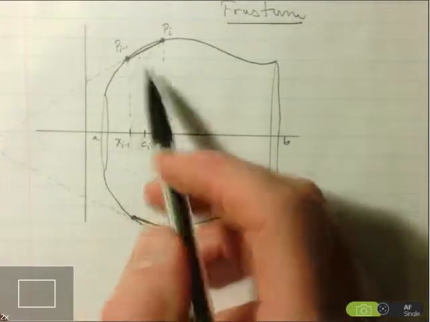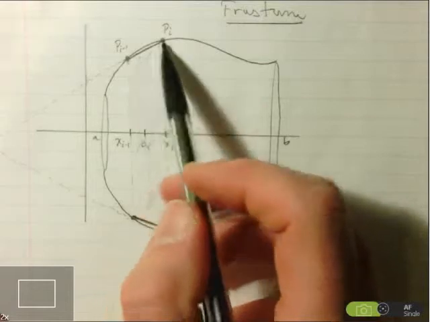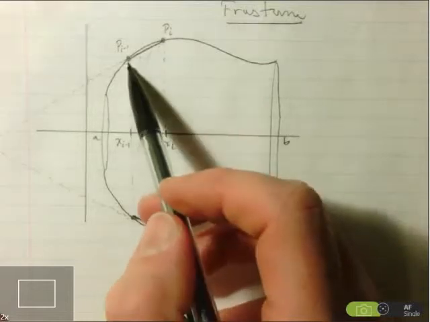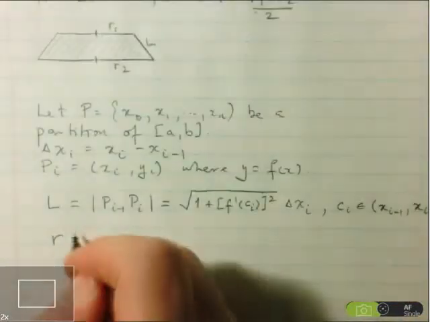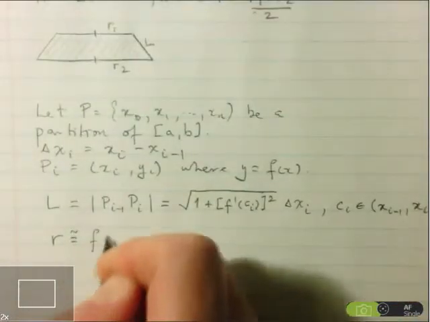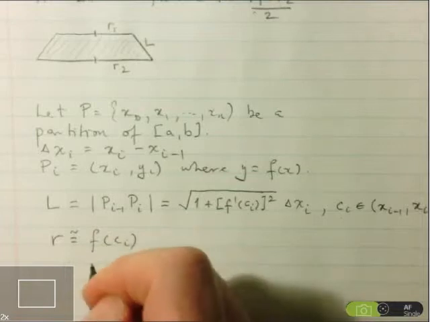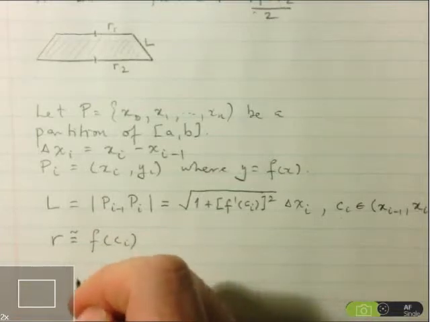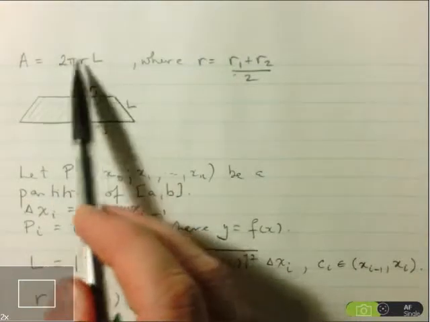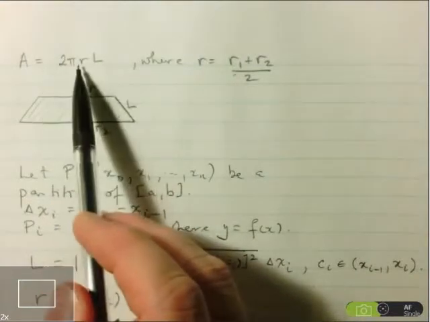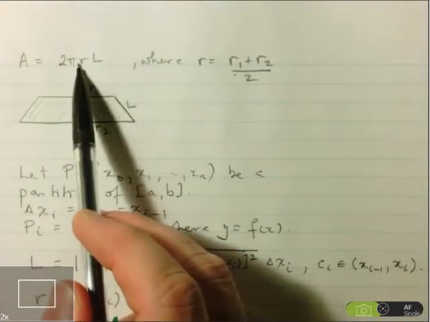So what we do is approximate the average of these 2 function values by just the function value at ci. So we're going to approximate that with f at ci. Now we've accomplished what we needed to, which was to rewrite each of the variables in this expression using either x's or function values.